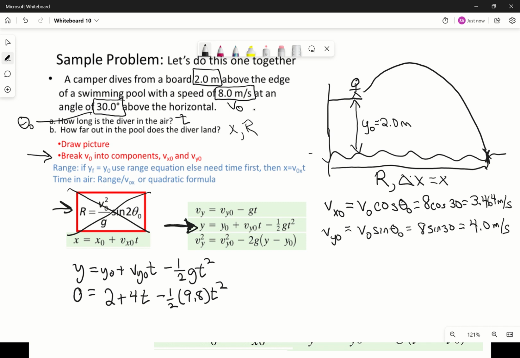So let's put in our numbers. 0 is equal to 2 plus 4t, and then 1/2 of 9.8 is 4.9, so minus 4.9 t squared.